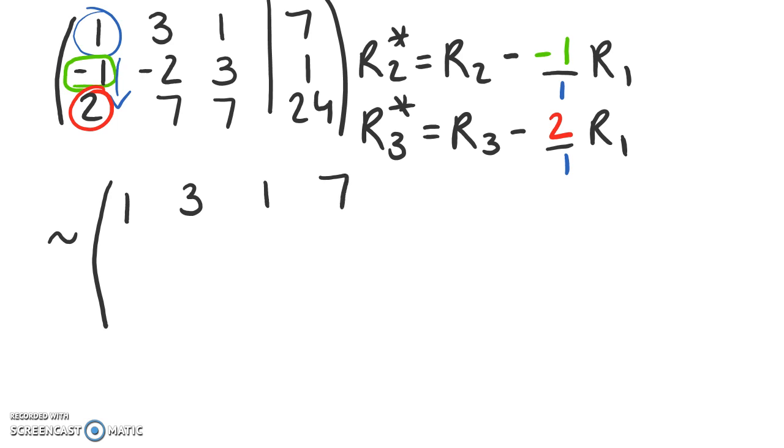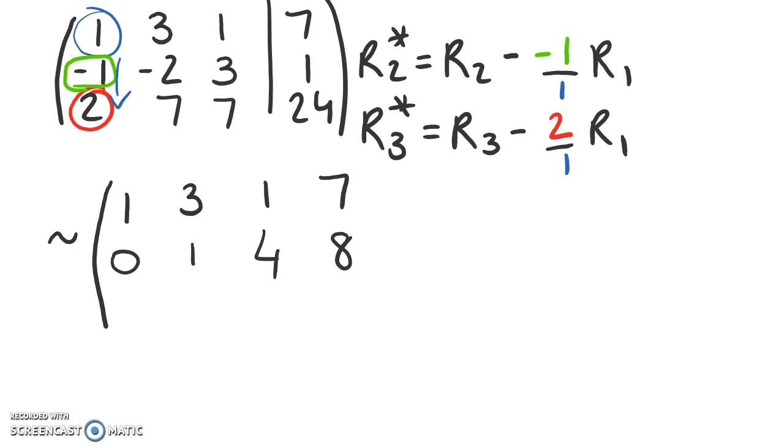Our new row 2 is the old row 2 plus row 1, because we've got take away negative. So row 2 plus row 1: -1 plus 1 is 0, -2 plus 3 is 1, 3 plus 1 is 4, 1 plus 7 is 8. Now, row 3 equals row 3 take away 2 row 1.